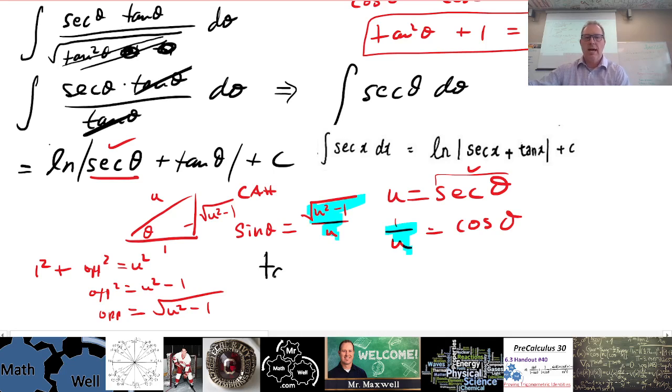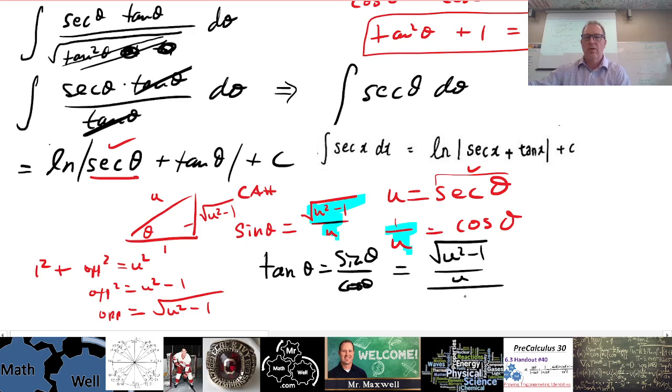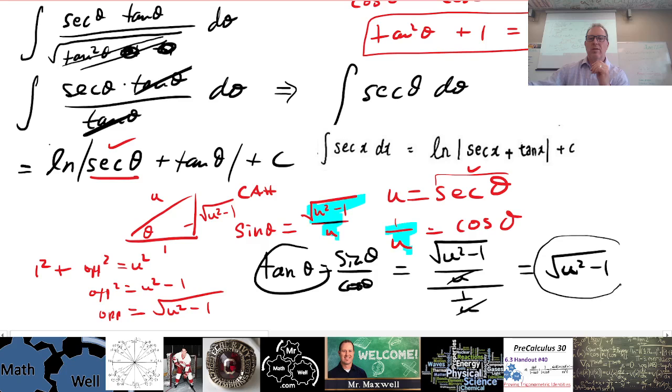So tan theta is sine theta over cos theta, which is root u squared minus 1 over u, all over 1 over u. And so those u's basically cancel out, and we've got the square root of u squared minus 1. Okay, I did that kind of fast, but can you see how this tan ends up to be this right here?